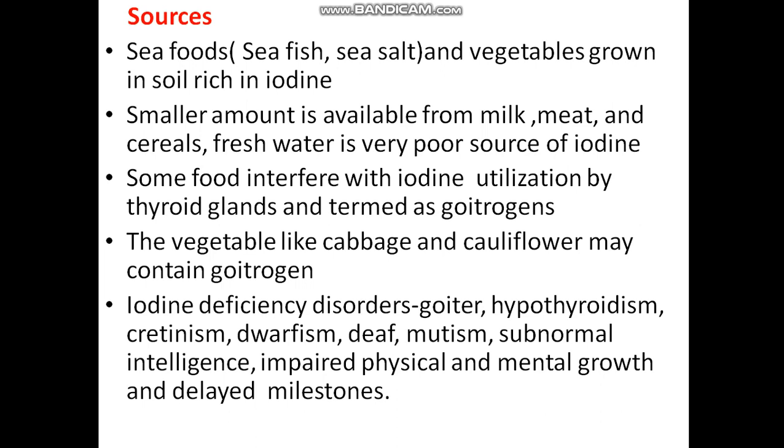Goitrogens are substances that disrupt the production of thyroid hormone by hindering the uptake of iodine in the thyroid gland. Vegetables like cabbage and cauliflower may contain goitrogens.